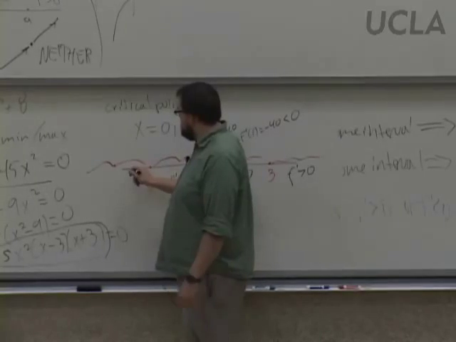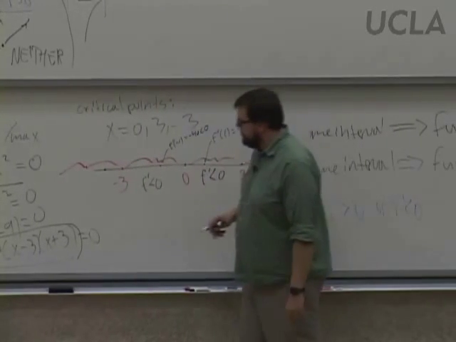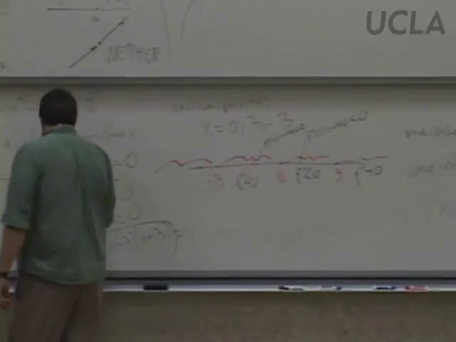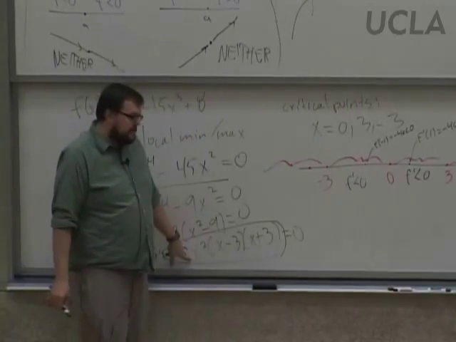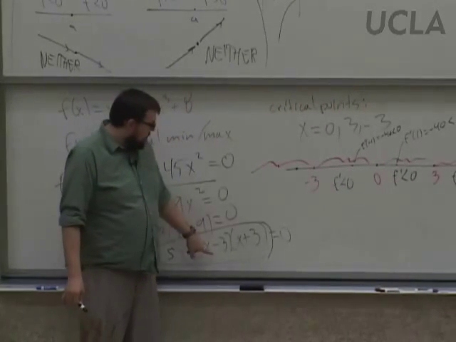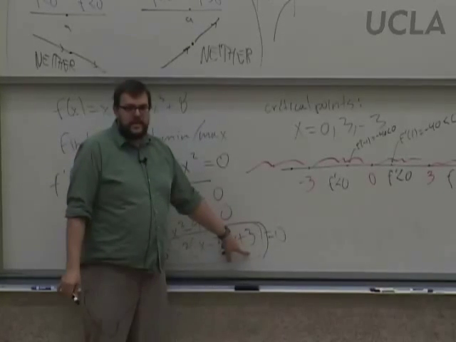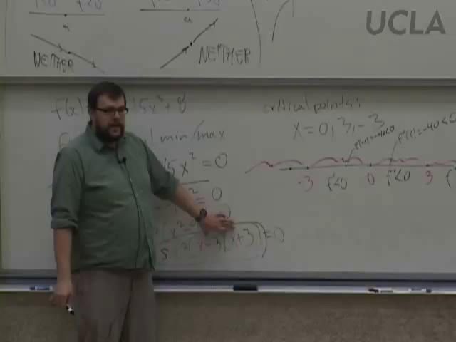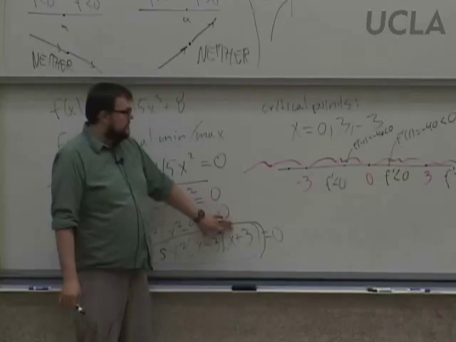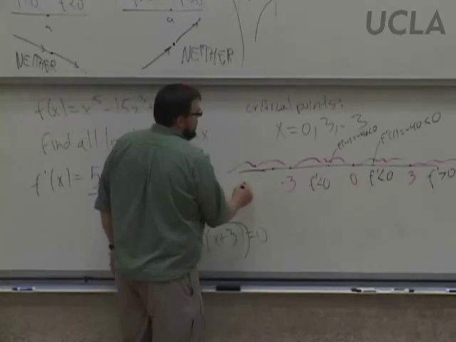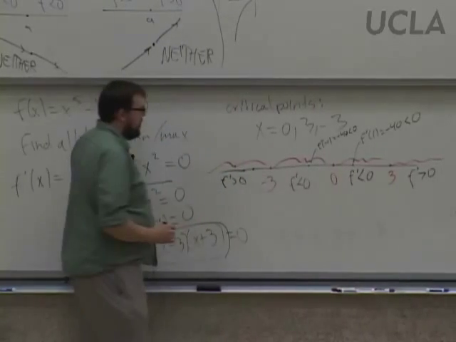What about when I come over here? Negative 4. I can do the same thing. 5 is positive. Negative 4 squared is positive because it's 16. Negative 4 minus 3 is negative, but negative 4 plus 3 is also negative. And two negatives make a positive. And so here, my derivative is positive.